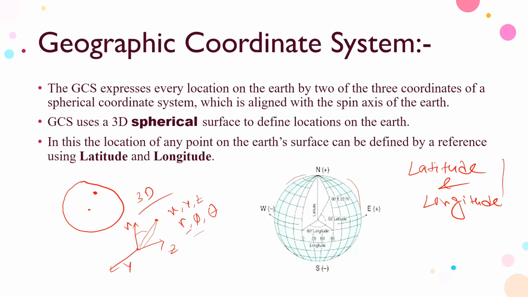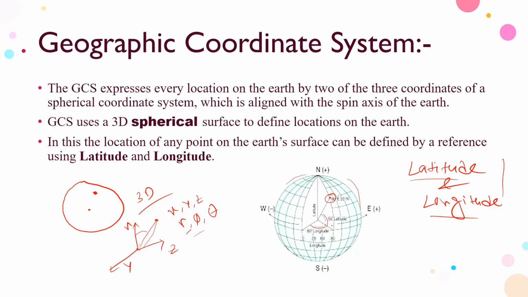Okay, so on the Earth's surface, this is a point. For measuring the location of the point on the Earth's surface, we have to use latitude and longitude. The longitude value is this angle and the latitude value is this angle.